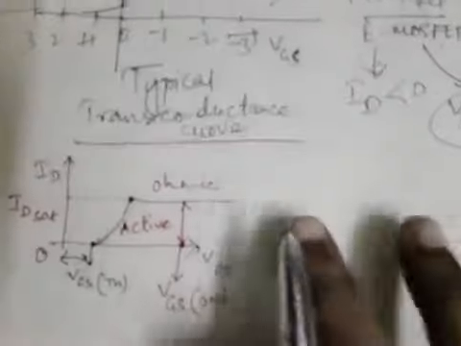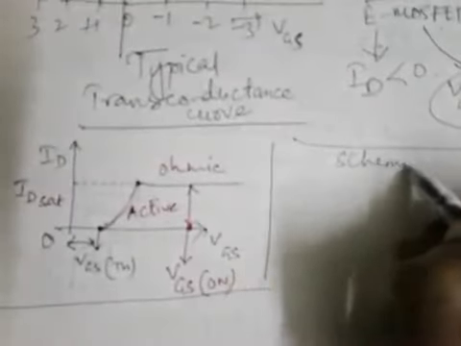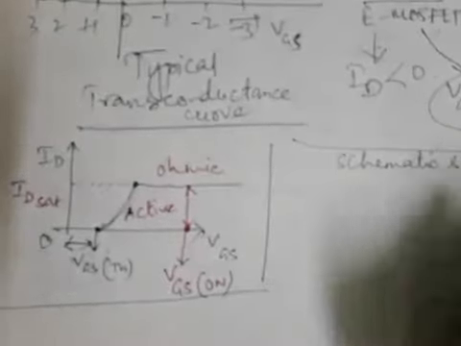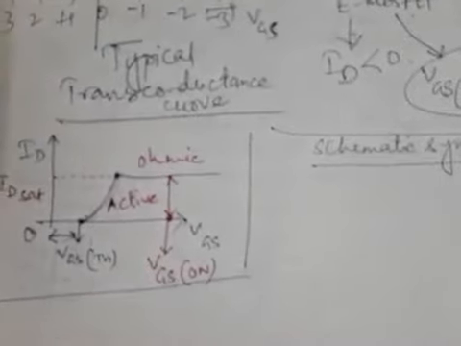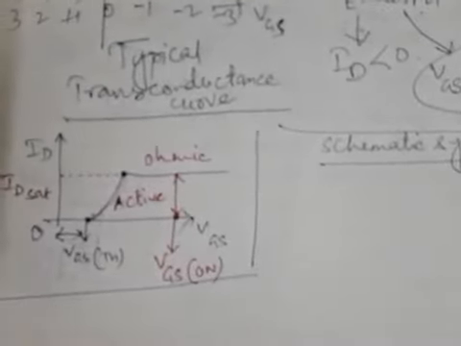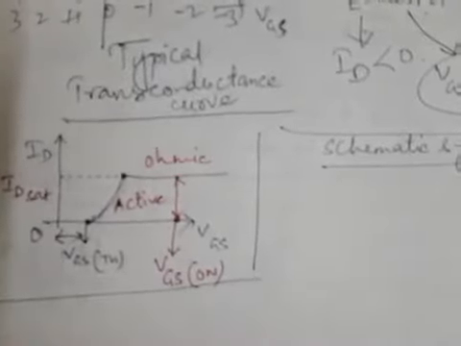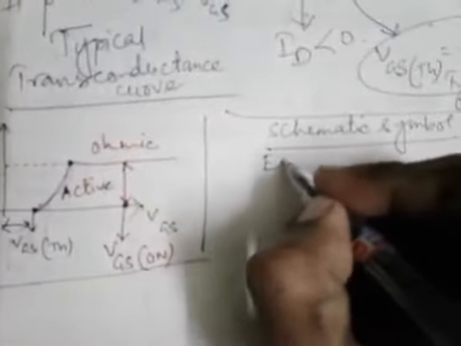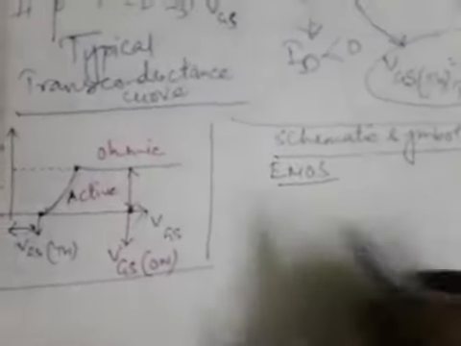Let us now move on to the next thing, the schematic symbol or the circuit symbol of the MOSFET. How does it look? Now, the circuit symbol is typical for the MOSFETs. First, let us draw the E-MOSFET symbols, EMOS or enhancement MOS symbols, for N channel and for P channel.